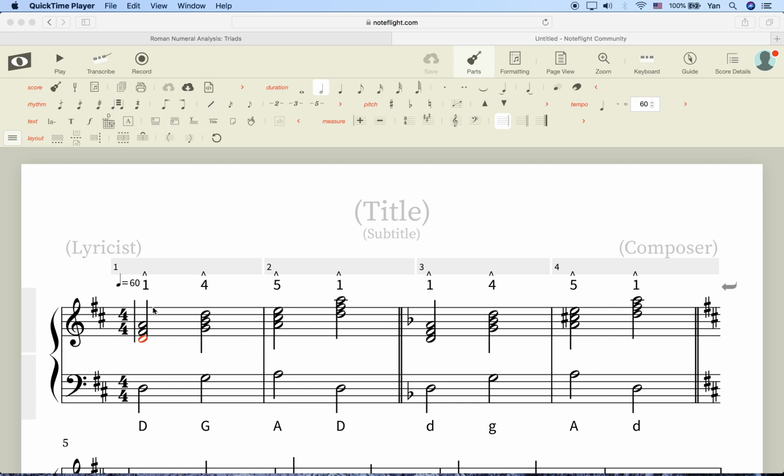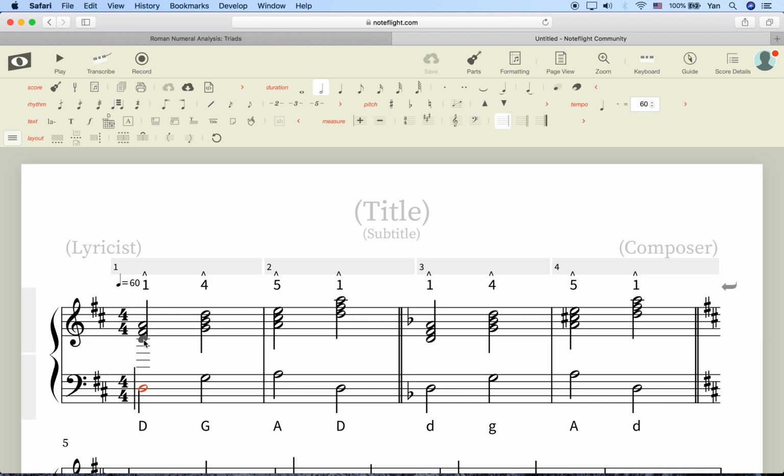I have it here in closed form in root position, but I've also added a low D, an octave lower, in the bass clef on the lower staff, which is typically used for the left hand of the piano. It's just an octave lower than this D right here.